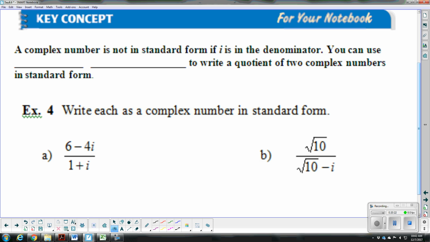Then the last section: a complex number is not in standard form if i is in the denominator, just like a number with radicals is not rationalized if the radical is in the denominator.